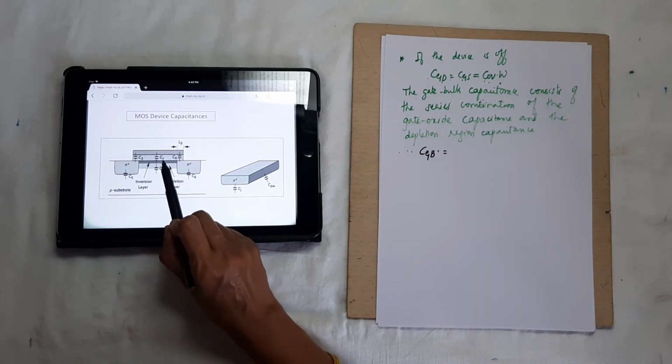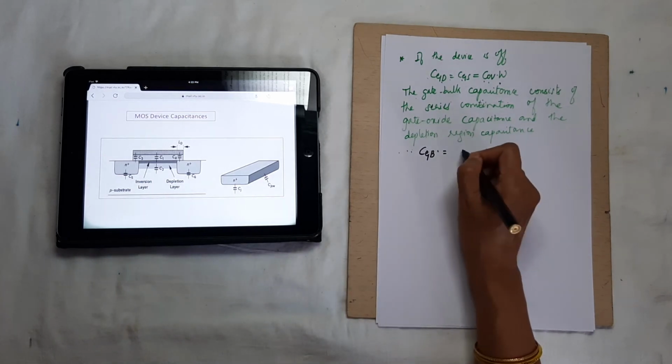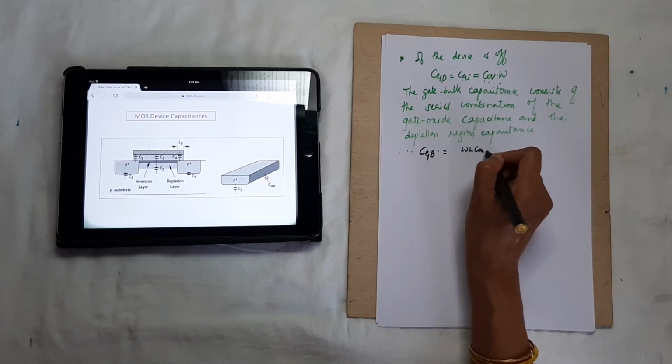Now what is the equation of C1? C1 we have written as WL into Cox.